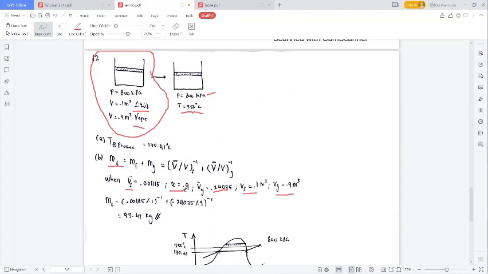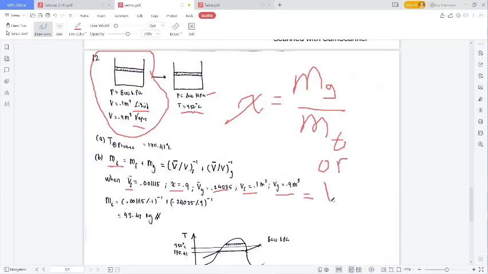The value of x is the ratio between m_g over m total, or it can be derived in terms of volume, Vg over V total.